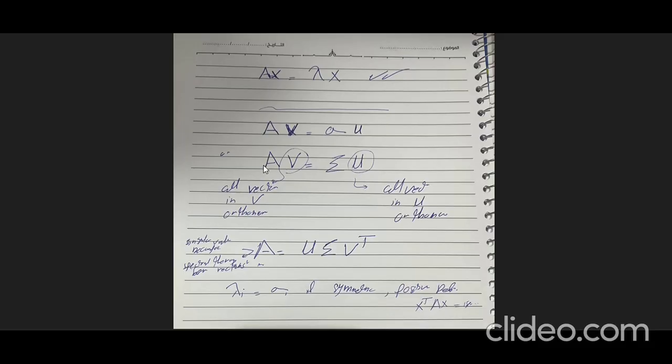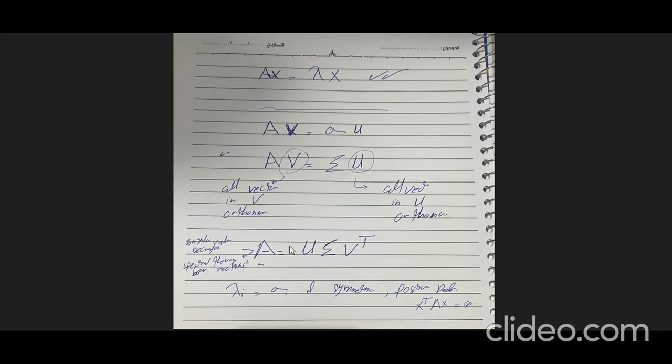And that's why we can write A with this factorization, the singular value factorization or decomposition. Actually, it has another name, spectral theory for rectangular matrices, but it isn't exclusive to rectangular matrices, and we will see this shortly.